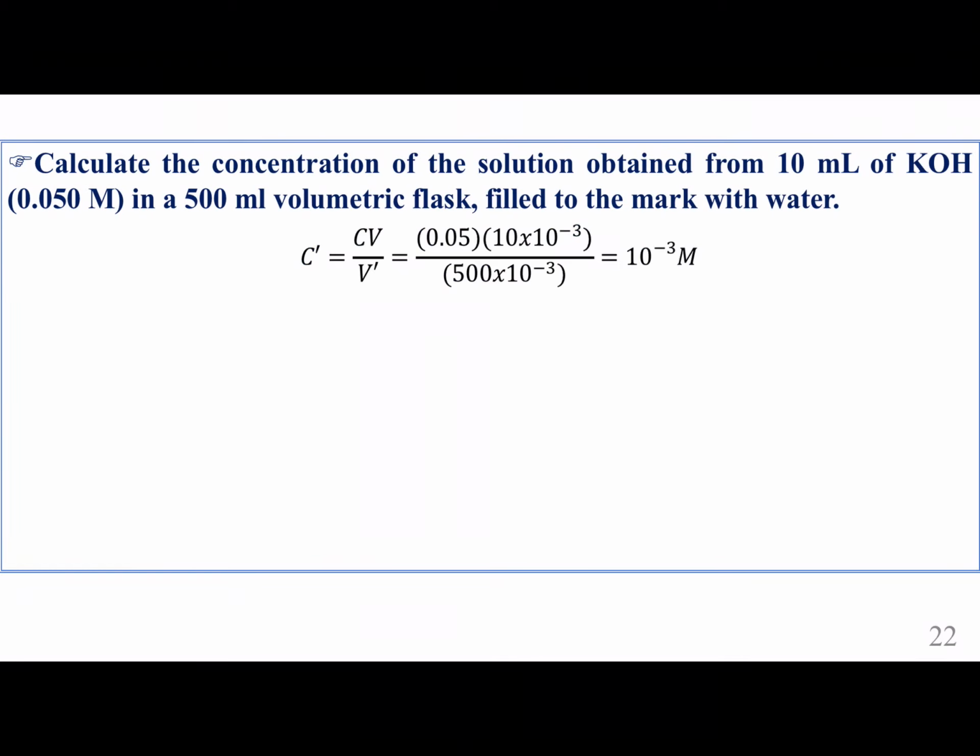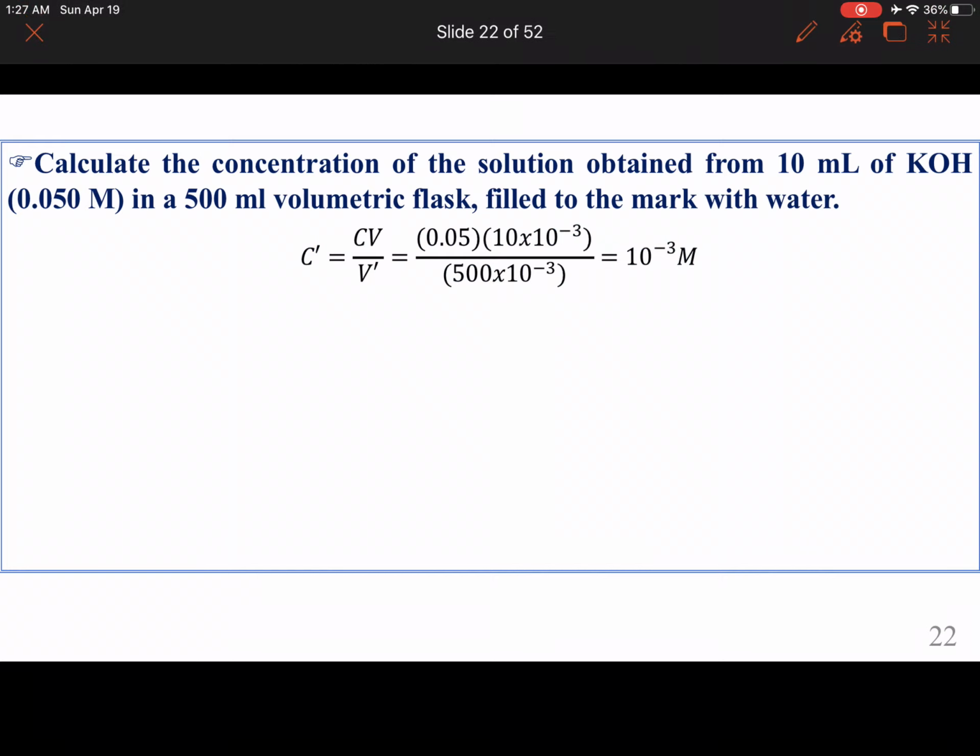First thing you have to do, of course, is calculate your new concentration, not the diluted. So you use CV equals C prime V prime, and you find C prime, which is your new concentration. And again, that's the concentration before dissociation of the KOH.